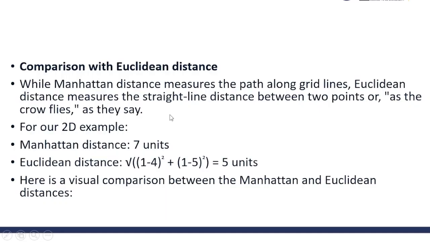Manhattan distance is like measuring the path along the grid lines, whereas the Euclidean distance checks for the straight line distance between the 2 points.